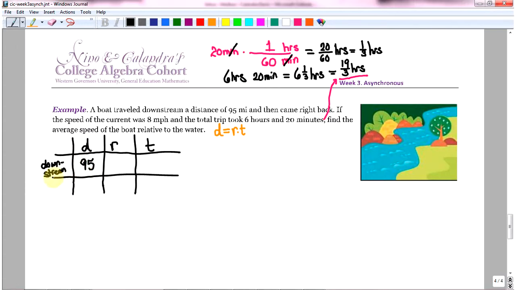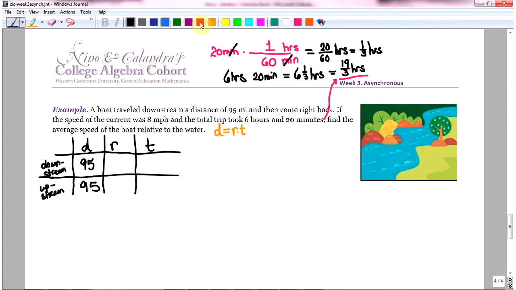And then it came right back. If he goes the opposite direction, he's traveling back upstream the same distance of 95 miles.